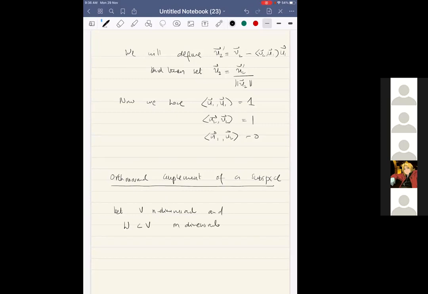To have a non-empty discussion, meaning to rule out uninteresting things, we will assume that m is not equal to n and is not equal to 0. In other words, W is not equal to V and is not just consisting of the 0 vector.